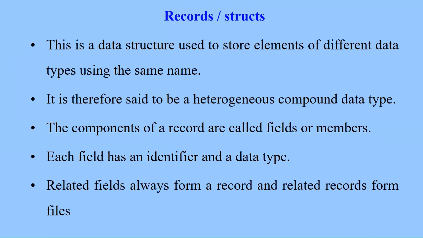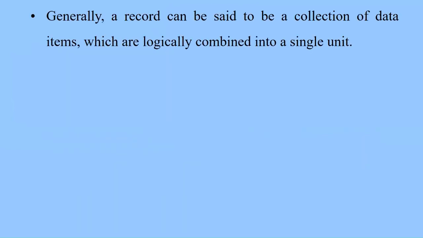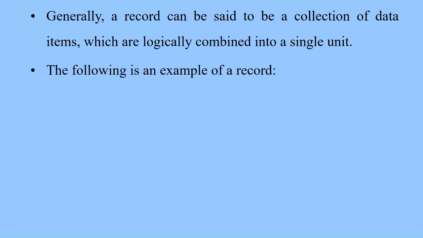The related fields always form a record, and the related records form files. Generally, a record can be seen to be a collection of data items which are logically compiled into a single unit. The following is an example of a record.